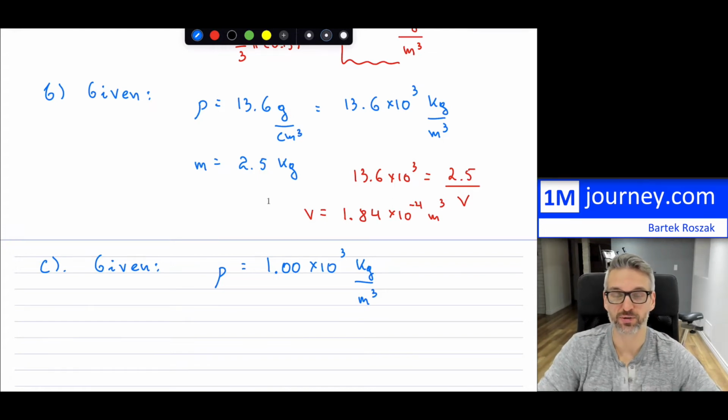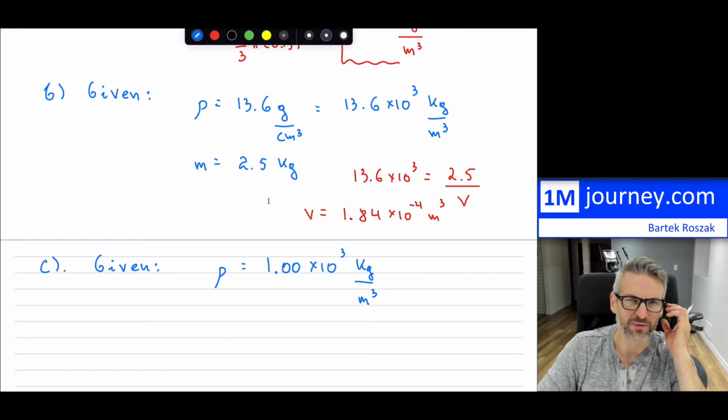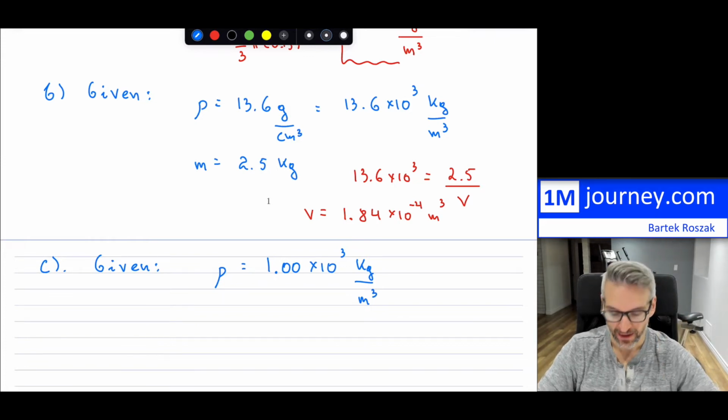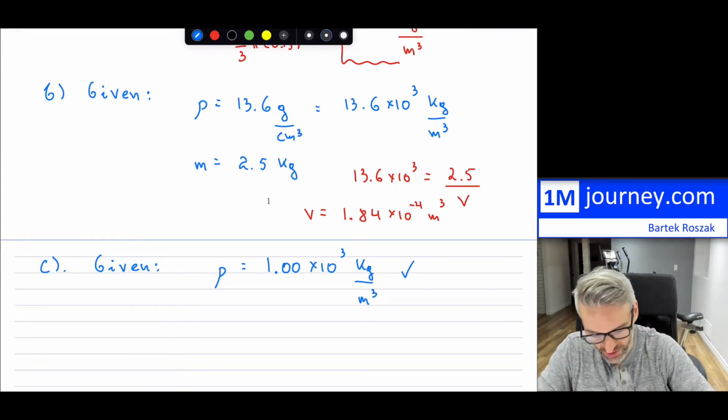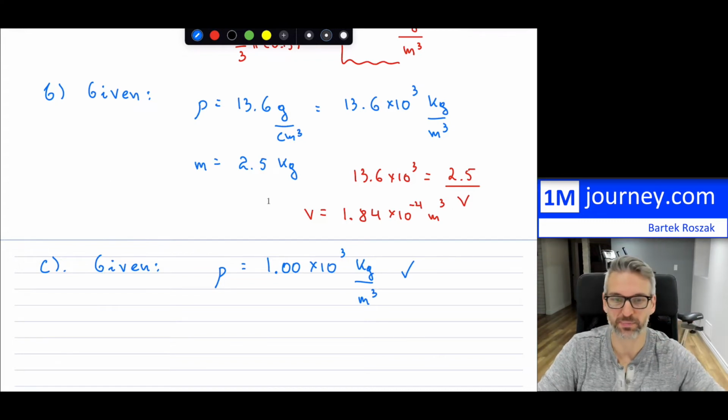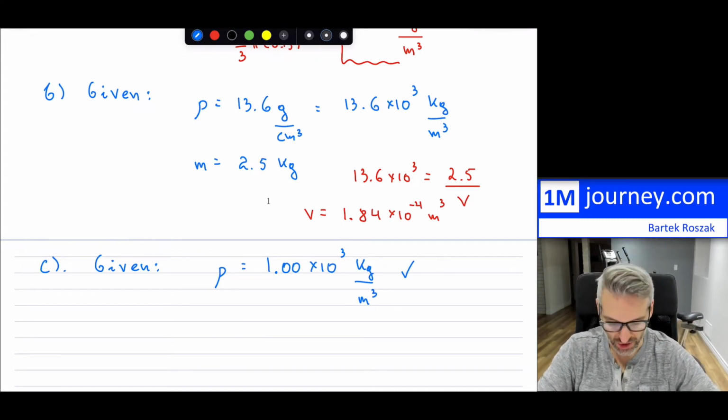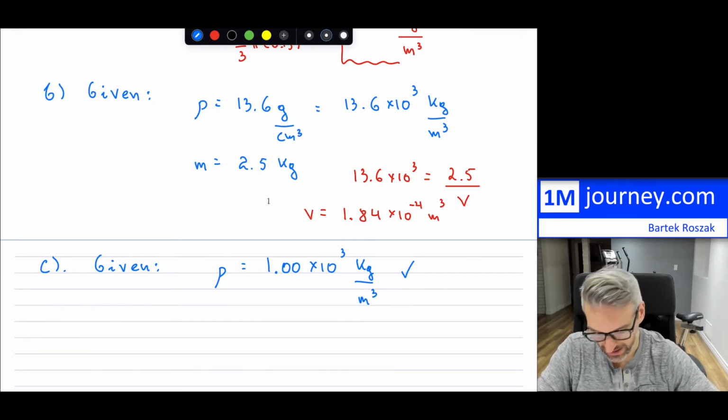Sometimes you can put it to more significant figures if you like. And this is at a particular temperature. I believe it was at 4 degrees Celsius. But typically you're going to use this regardless of what exactly the temperature might be. So this is commonly used for water. So really it's 1,000 kilograms for every meter cubed, is the density.